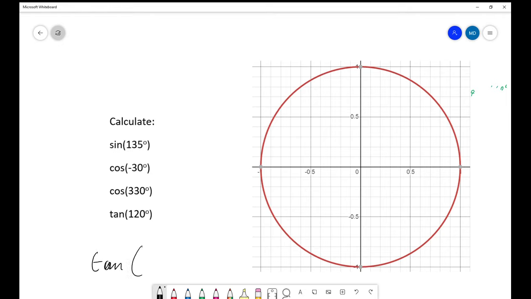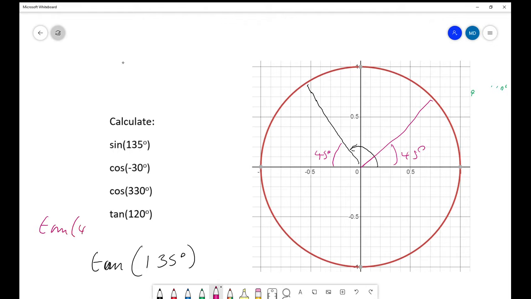tan of 135 degrees is. So tan of 135 degrees, 135 is going to take us to here. Slightly off on my diagram actually, but this is going to be 45. So my bow tie angle, as it were, is 45 degrees.